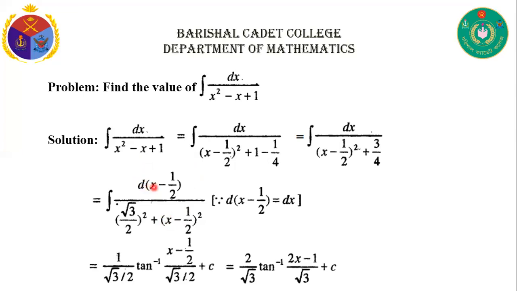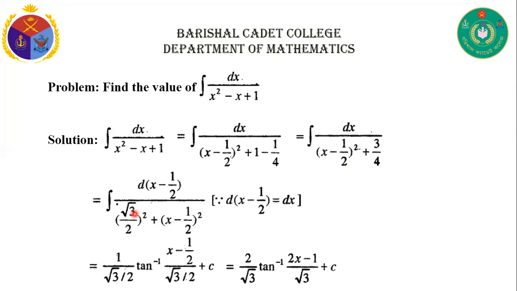Now we integrate. We have the formula for a squared plus x squared: the integration of dx by (a squared plus x squared) is 1/a tan inverse (x/a) plus c.